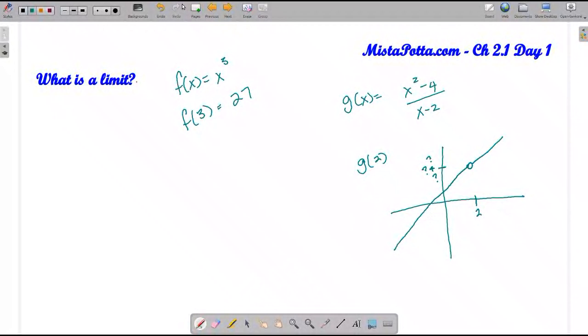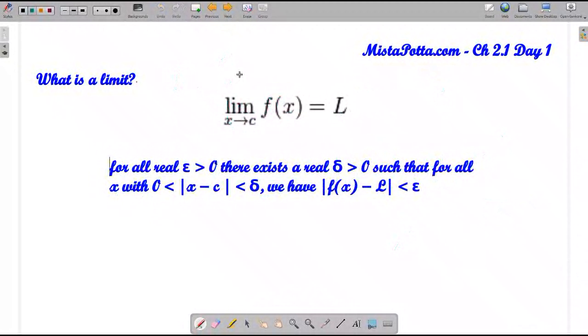So I want to start with the actual formal definition of a limit.